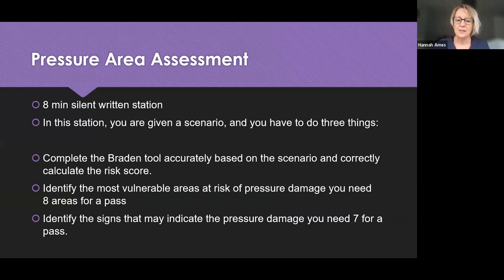You then will be asked to identify the most vulnerable areas at risk of pressure damage, and you need to identify 8 different areas in order to secure a pass. And you'll also need to identify signs that may indicate pressure damage is occurring, and you need 7 signs in order to get a pass in the station.